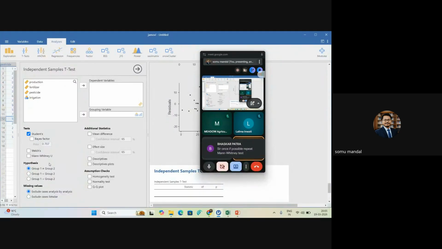It is the non-parametric alternative to the independent sample t-test or the paired sample t-test, where the data set doesn't follow normal distribution, an alternative to the student t-test in case of a non-parametric data set.